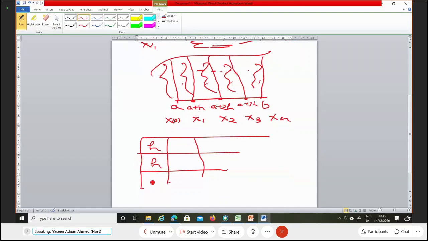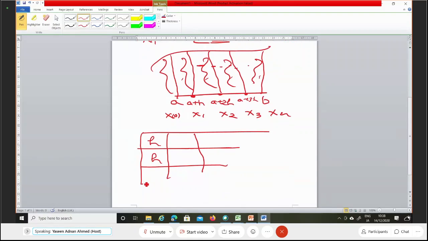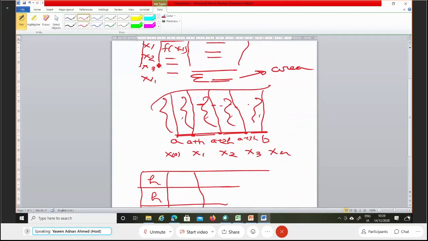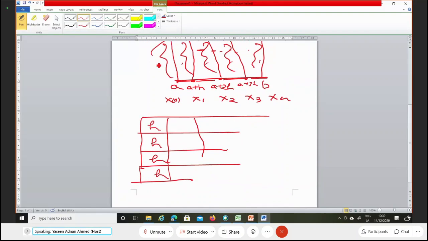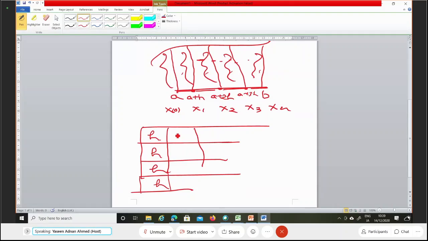So 1, 2, 3, 4. As I said, we rarely use this because these are h, right? The way that I explained here is actually for the trapezoidal rule. I'm sorry for that. And this one will be this plus this divided by 2, the average value for this.